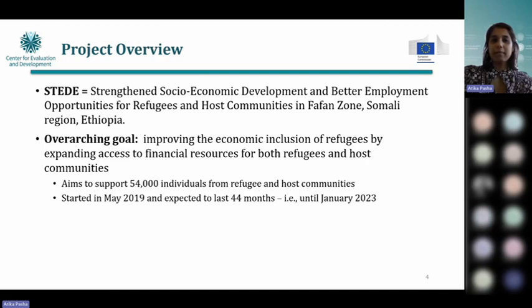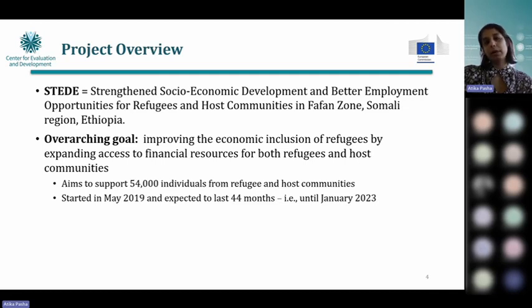You know where it is taking place, you know who it's targeting, and you know what the effective goals of the project are, which is exactly also implied in this overarching goal, which is the improvement or the enhancement of the economic inclusion of these refugees in the Somali region, mostly by expanding their access to financial resources.